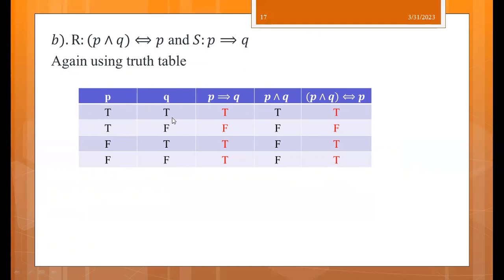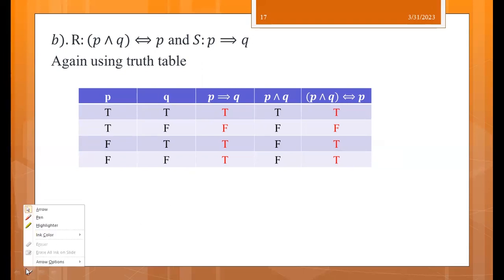Therefore, first let us see P implies Q here. To have a truth value for this one, we have to first find P and Q here, so that true and true is true, but the rest are false.